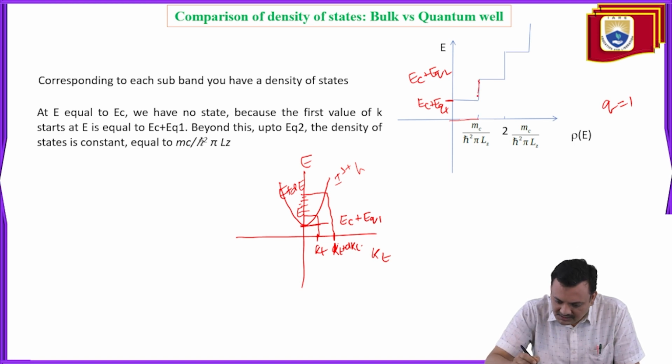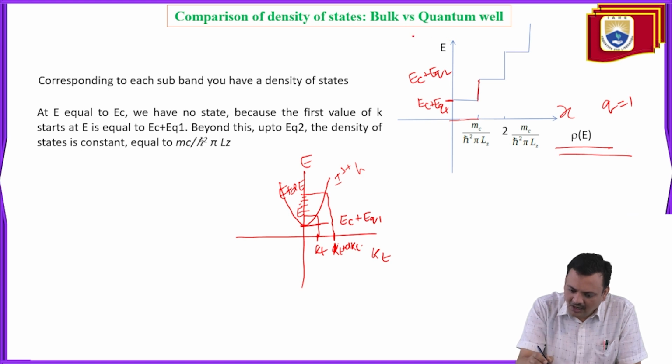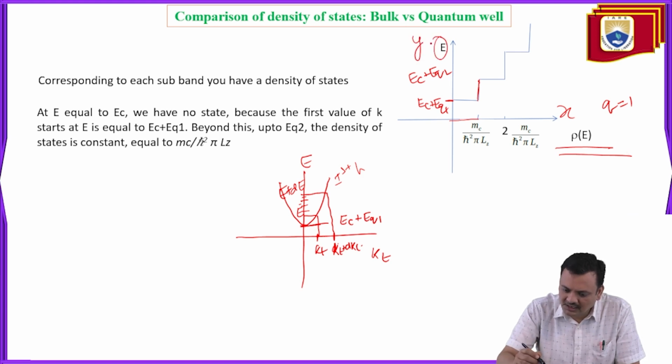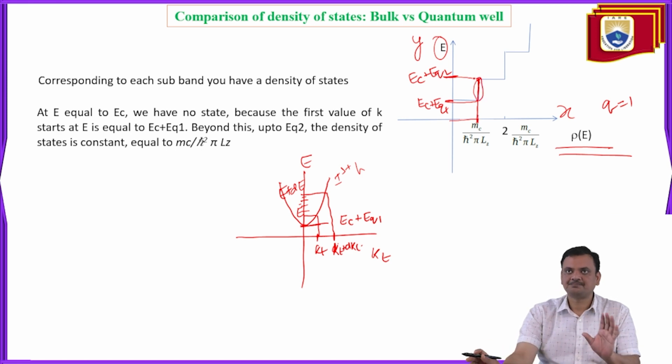On the x-axis you are taking the density of state, on the y-axis you are taking the energy. So in the energy region EC to EC plus EQ1 to EC plus EQ2, what is your density of state? This much. And in the EC plus EQ1 region, what is your density of state? This much. So this is constant.